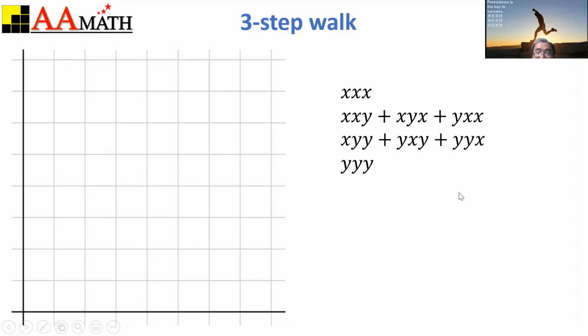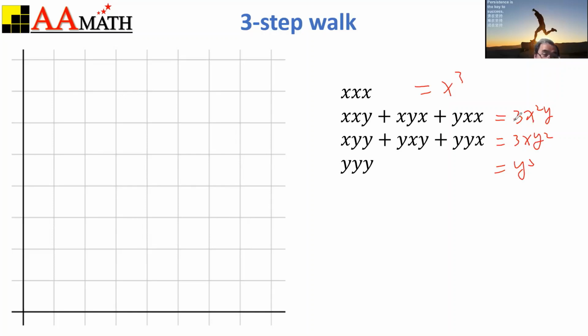So you can see here, if you think about this, it is 3x squared y, right? And this is 3xy squared. So this is y cubed. And this is x cubed, right? So you can see 1, 3, 3, 1. Those are Pascal triangle numbers, right?